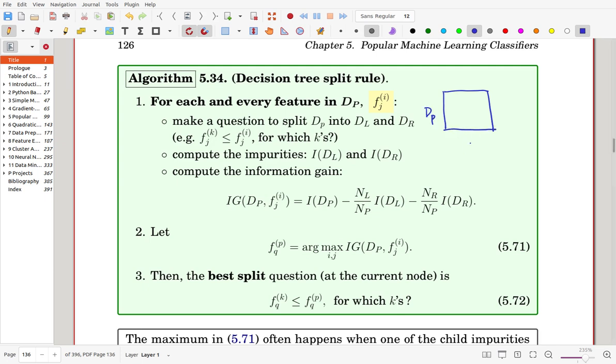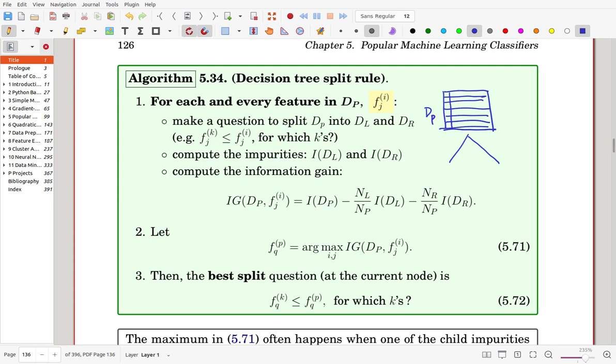Now, we try to split this one into two parts. Each row of D_P represents a point, and a column is a specific feature.